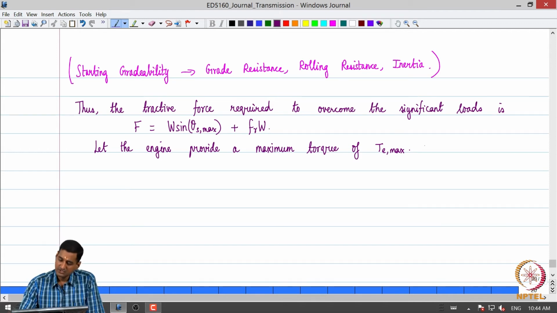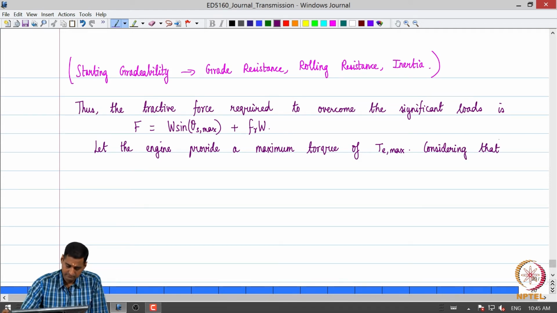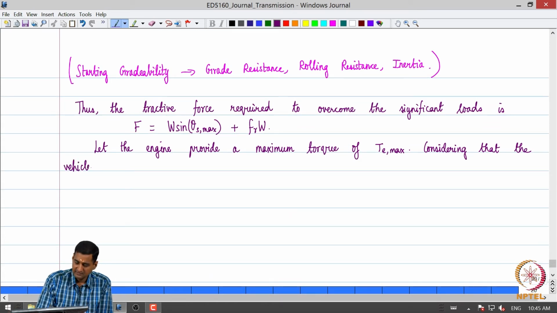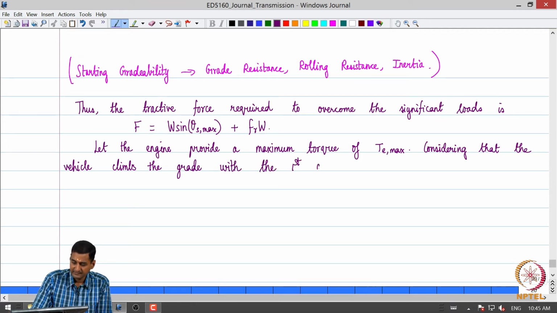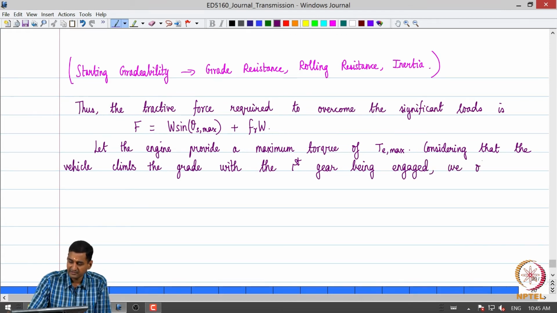Considering that the vehicle climbs the grade with the first gear being engaged, we obtain the following.